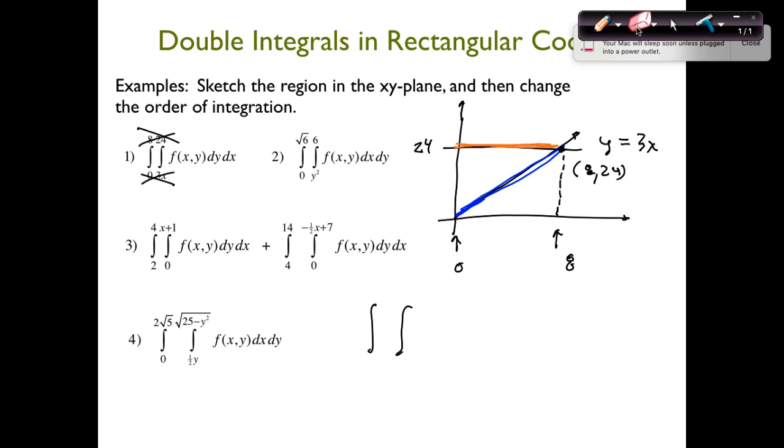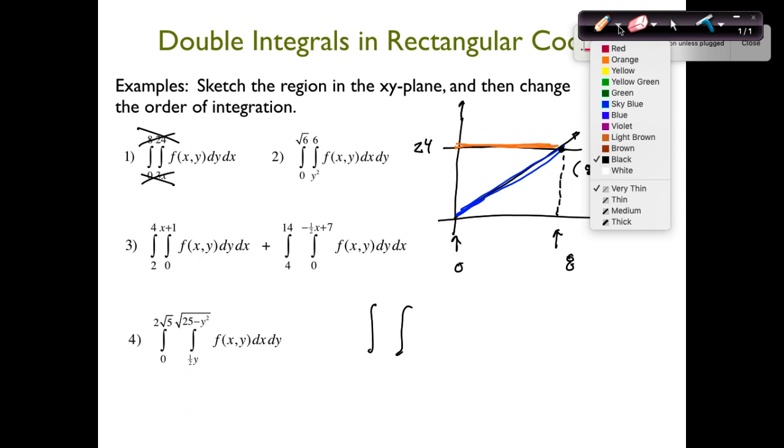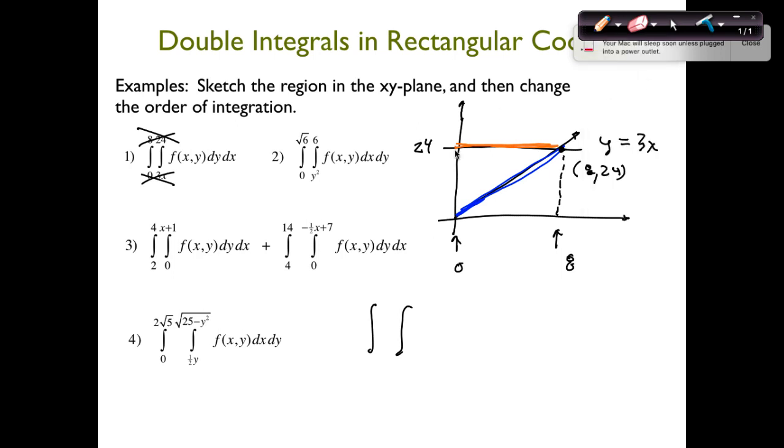So I'm going to help you out with some colors here. So left, lemon. Awesome, I love it. Lemon. So where is the left side of this region? So it's 0. So this is the left. Does that show up on the screen? That's my left side.